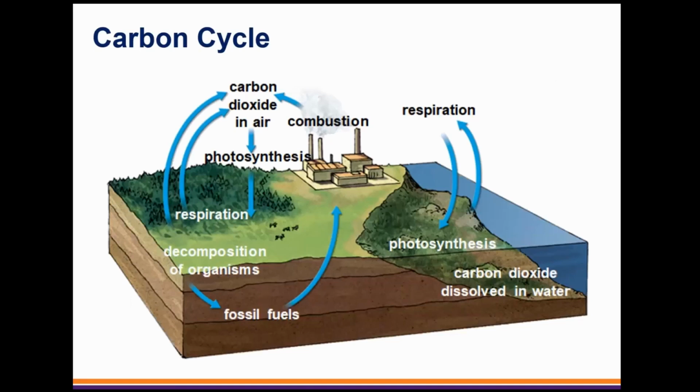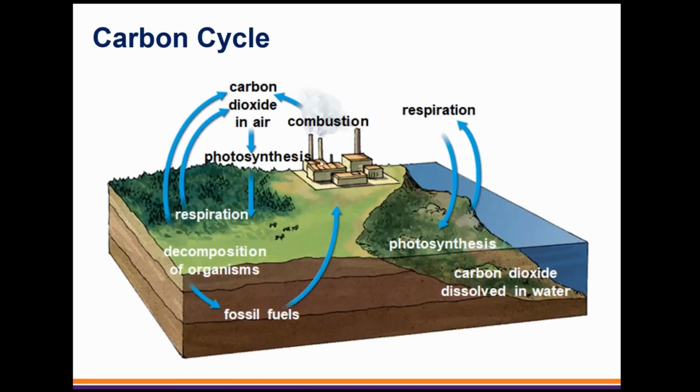So this diagram shows the basic carbon cycles in our ecosystem. So we have here photosynthesis, which is the main carbon reaction, and then the opposite of photosynthesis is respiration. And then we also have combustion of fossil fuel.